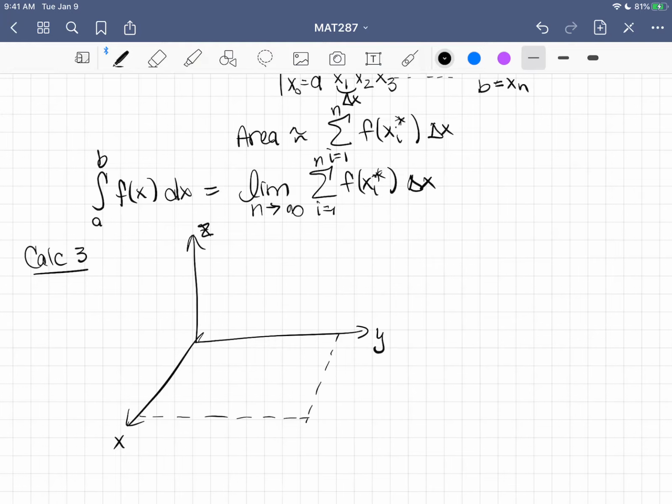So say this is my region R. And we're going to use the same idea as we did in Calc 1, except now instead of partitioning just the x-axis, I need to partition both along the x-axis and the y-axis. And what I'm going to get is something that looks like a grid. So say I cut this up into pieces and cut the y-axis into pieces, and then I'm going to draw the grid that I get here. Okay, and we're going to call this a mesh.